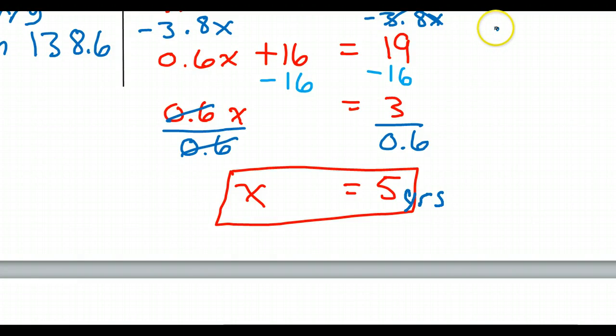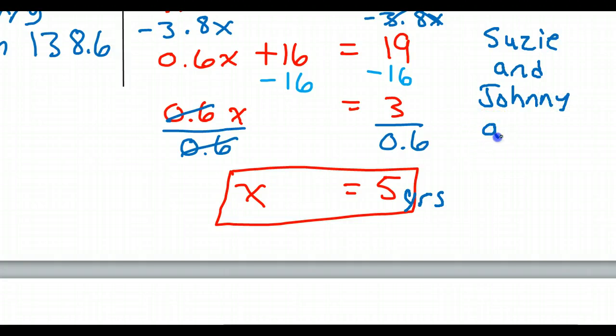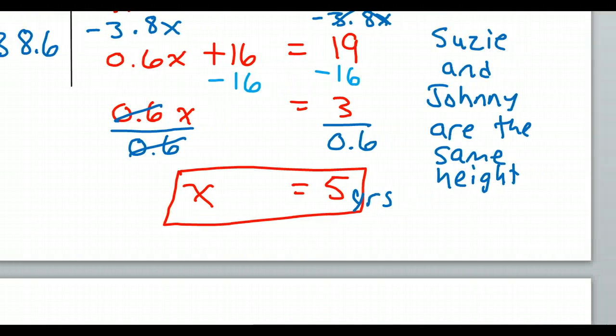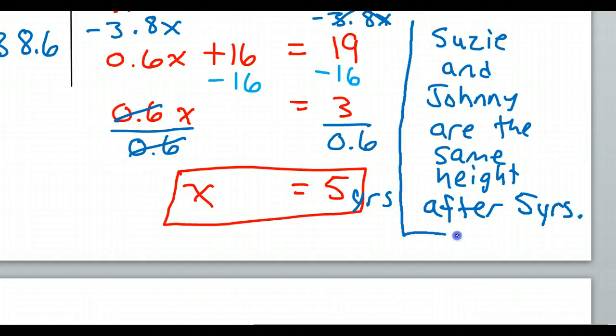So Susie and Johnny are the same height after 5 years. Okay? And that is how you do that.